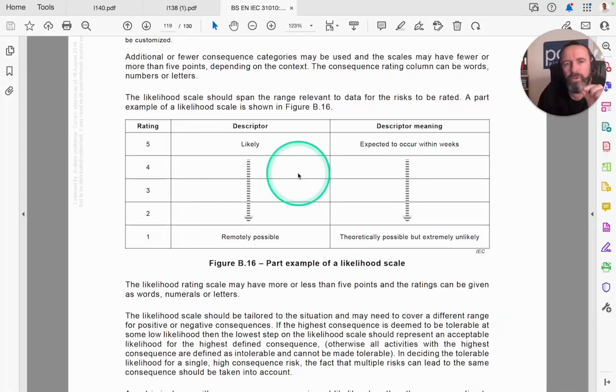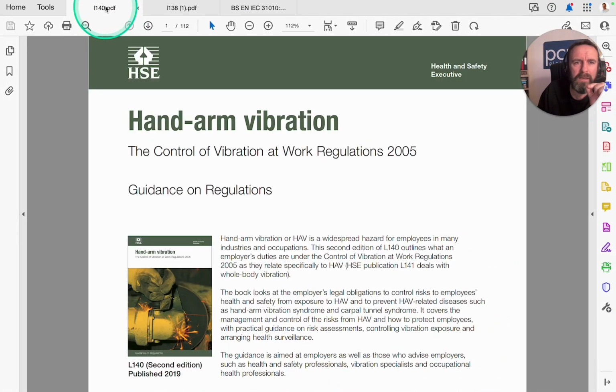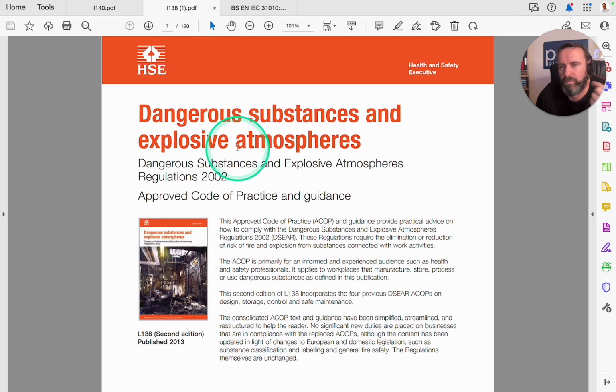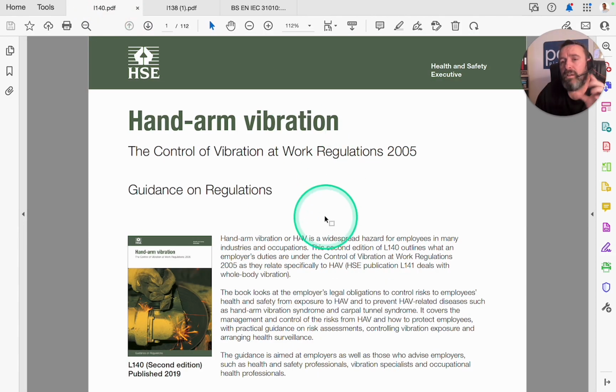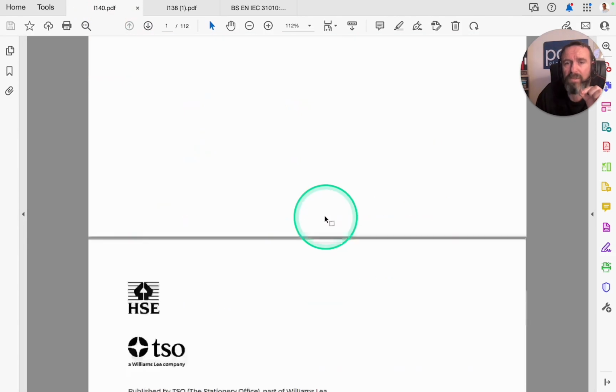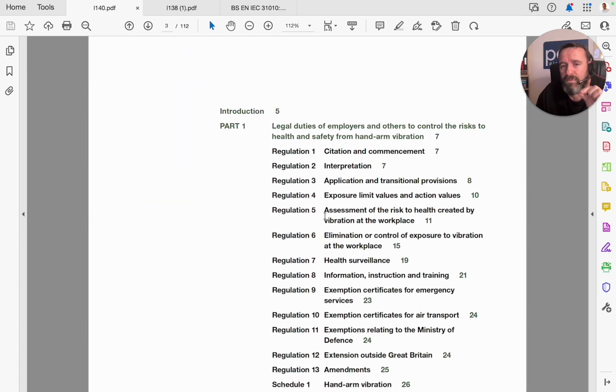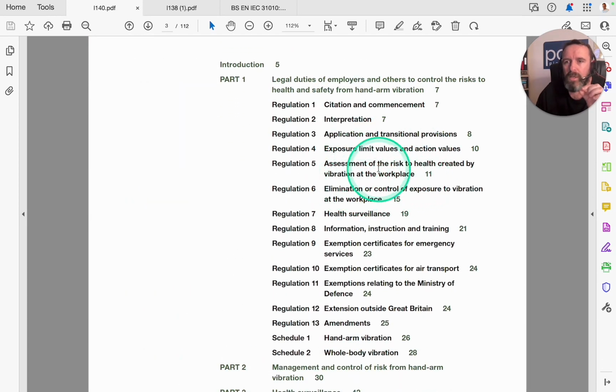However, I'm just going to make sure that I leave you with the understanding that for that type of risk assessment that we've looked at there, if we're going to do a risk assessment for hand-arm vibration, if we're going to do a risk assessment for DESIR, then ultimately within these regulations themselves, there are specific requirements for risk assessment.